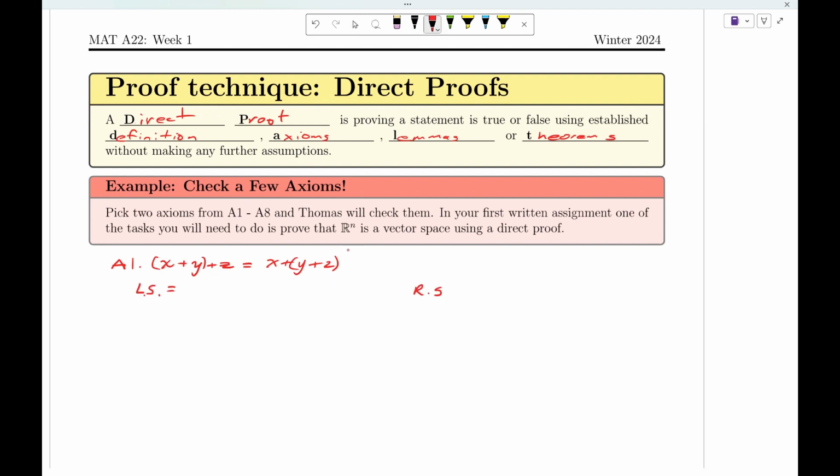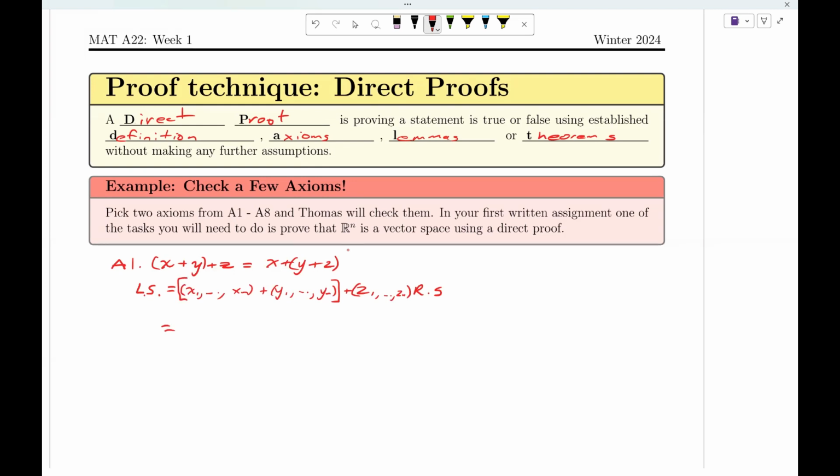So here I'm going to start with (x1, ..., xn) plus (y1, ..., yn) plus (z1, ..., zn), and I have brackets here.